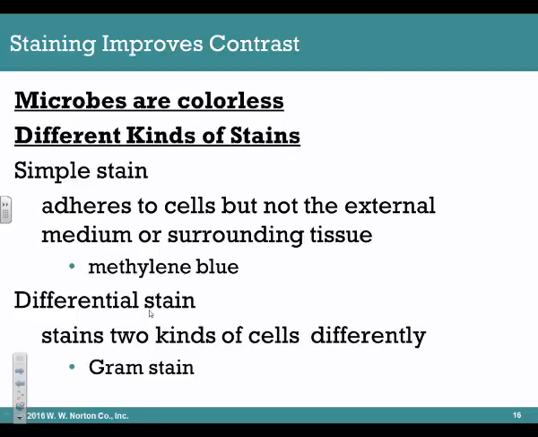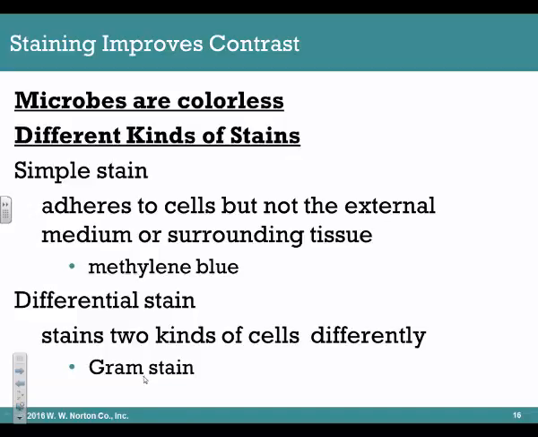And so the differential stain allows us to distinguish between the two largest groups of bacteria, which is medically relevant for the physician to choose treatment of bacterial infections. So the two major groups of bacteria are gram-negative bacteria and gram-positive bacteria, and they stain differently by the end of the gram staining process.